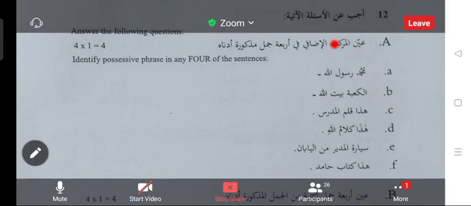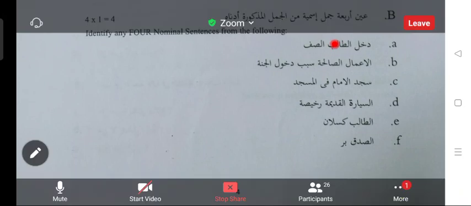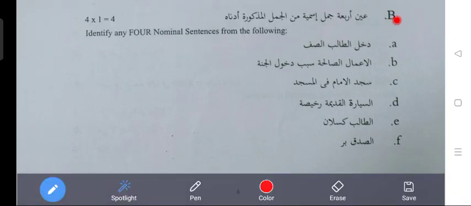Now come to section number 12B. 12B is easier than 12A. In 12B, he will ask you: Ayyin arbaati jumalin ismiyatin minal jumalil mazkurati adnahu.